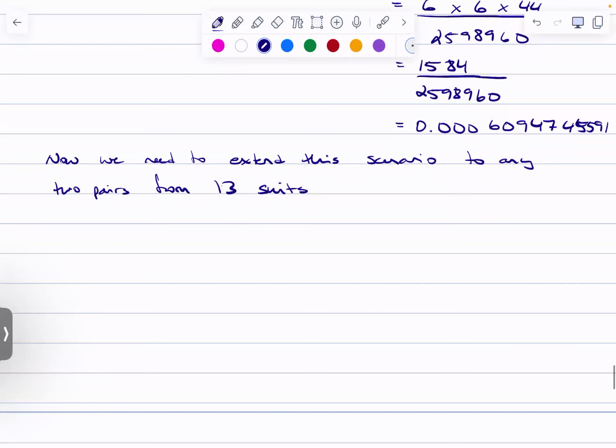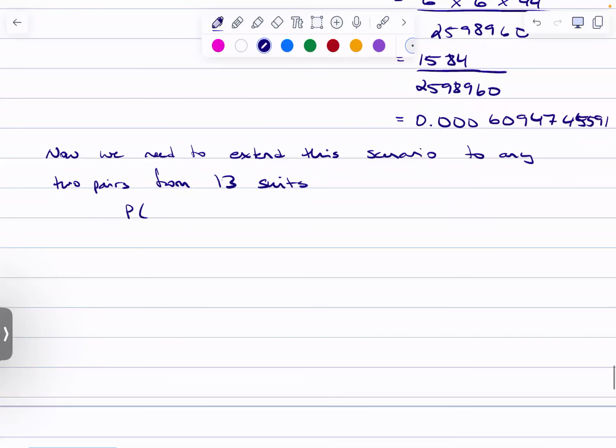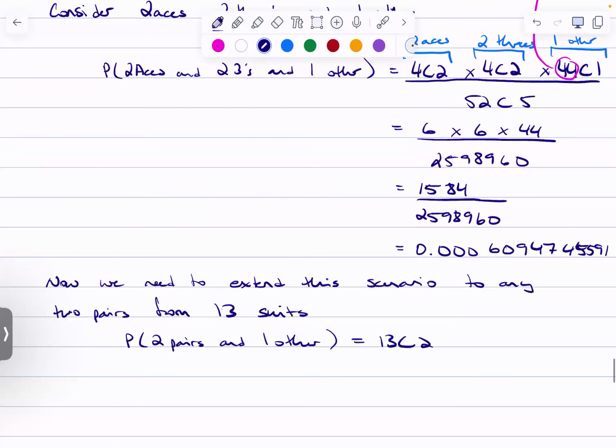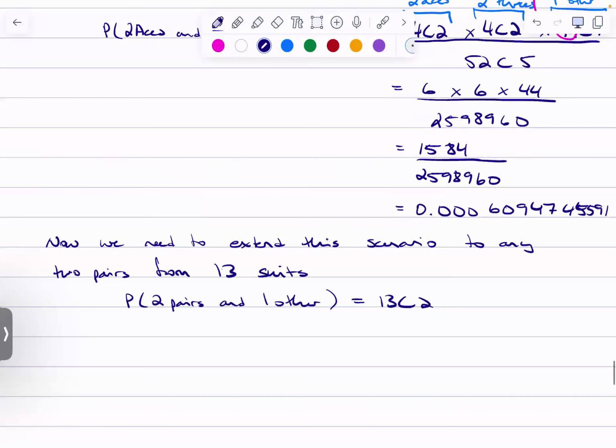Which means the probability of 2 pairs and 1 other is 13 choose 2 times this. Being lazy, mostly because it's on my screen already on my calculator.